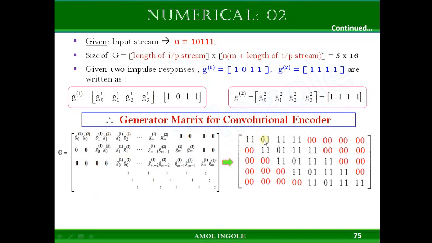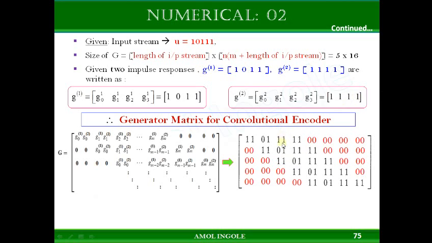Next two bits will come from the second bit of G1, that is 0, and the second bit of G2, that is 1. So 0 and this 1 will be the next two bits. Next two bits will be obtained by using the third bit of G1, that is 1, and the third bit of G2 will be 1.